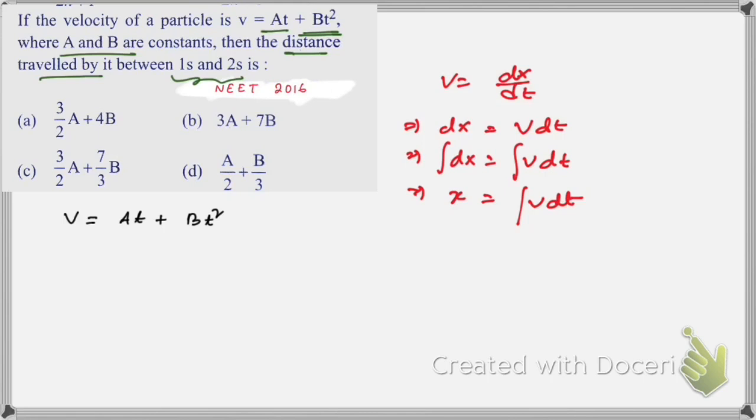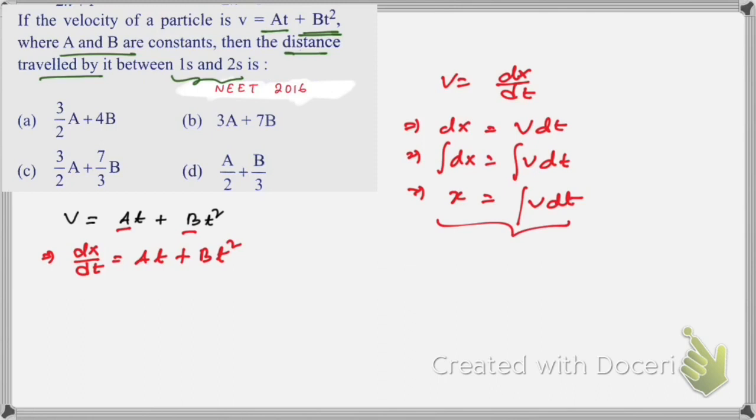So here you see, what we're going to do is write dx by dt, v is dx by dt, equal to at plus bt square. As you can see, a and b are constants, right? Let me use this relation.